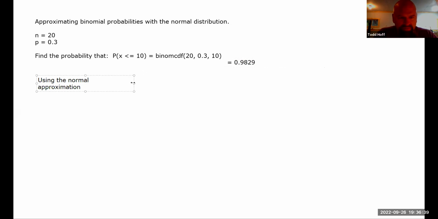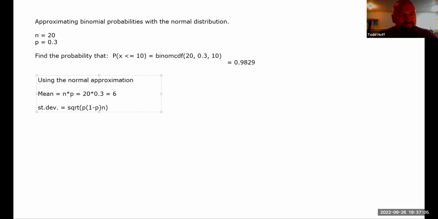The normal approximation requires us to find, of course, the mean, which is n times p. So that's going to be 20 times 0.3, which is 6. Then the standard deviation, which will be the square root of n times p times 1 minus p.